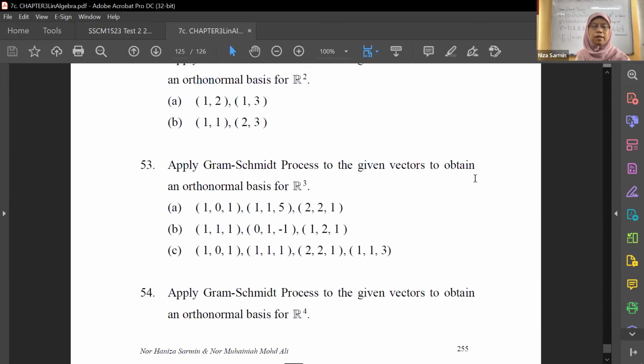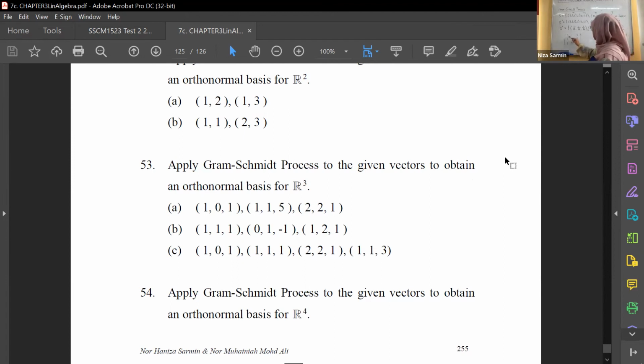Okay, apply Gram-Schmidt to obtain an orthonormal basis for R3. So you have to check first. 1, 0, 1, 1, 1, 5, 2, 2, 1. Syihan, you can scribble there if you want to. The determinant, yeah?